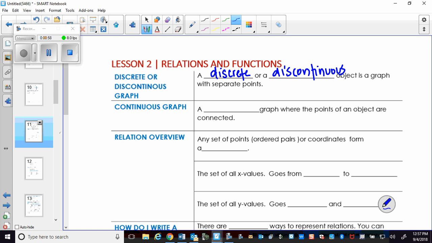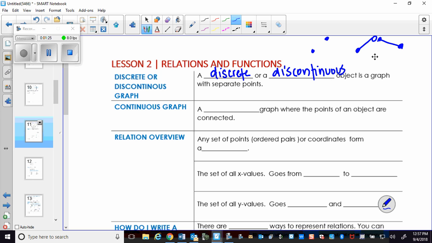There's no curve in it. There's no line connecting a point to another point. There are breaks, and the object is disconnected. So for example, these are discrete points. This is a discontinuous graph because of the break in between here, right?